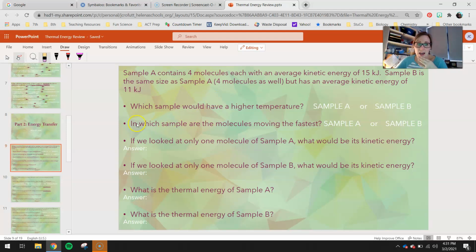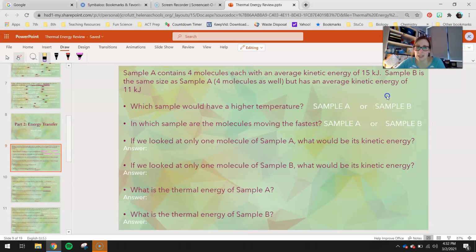Same with this one: in which sample are the molecules moving the fastest? If you think they're moving the same, and that sample A isn't moving faster or slower than sample B, just write "same" right over the top. Otherwise, you're highlighting either sample A or sample B, so same with part 2, please use a bright color like this pink or an orange to highlight either sample A or sample B for these.